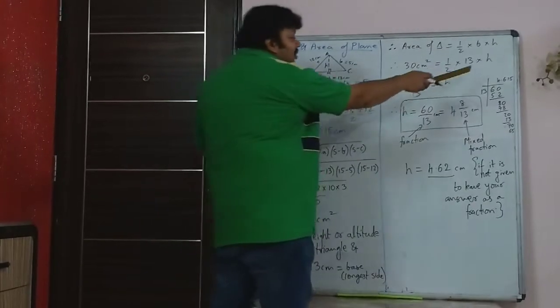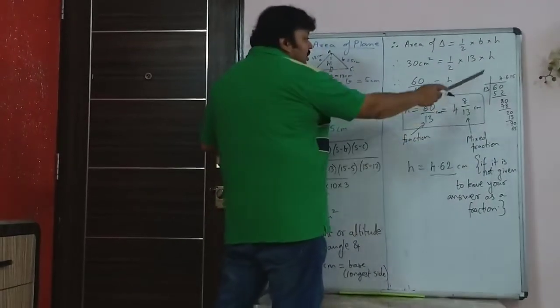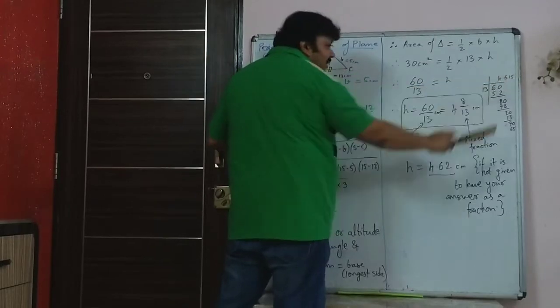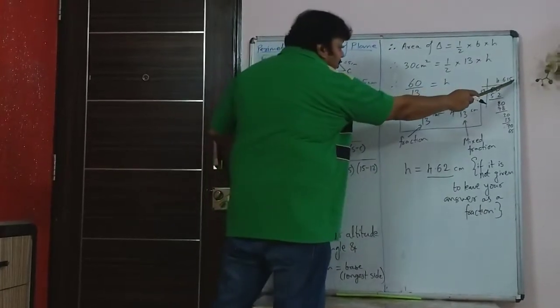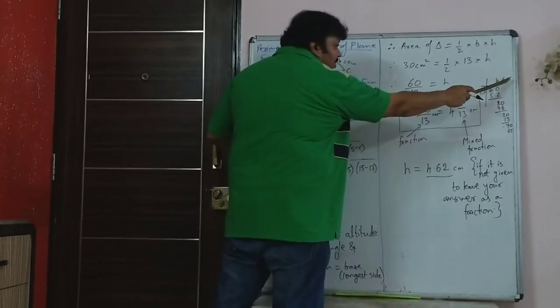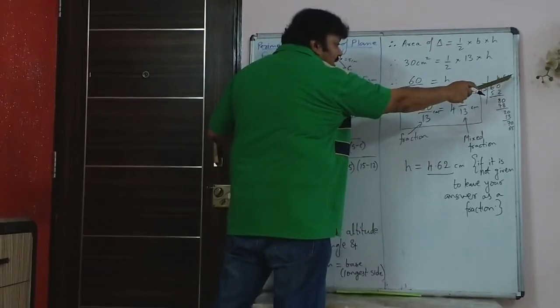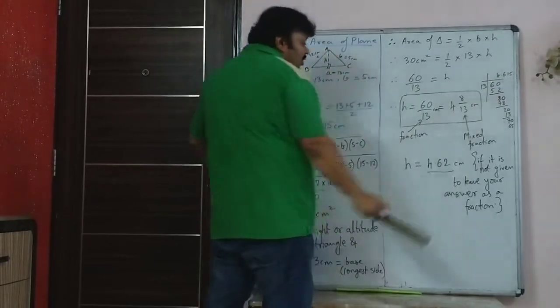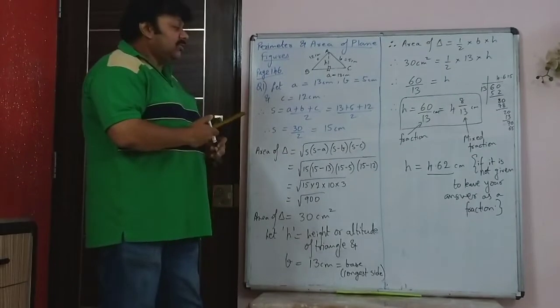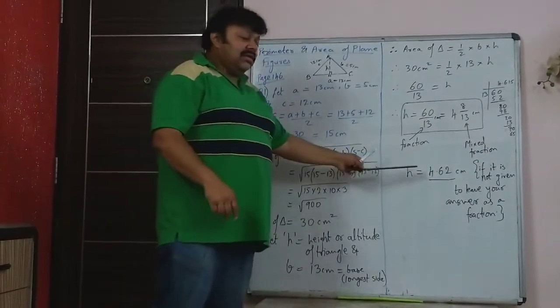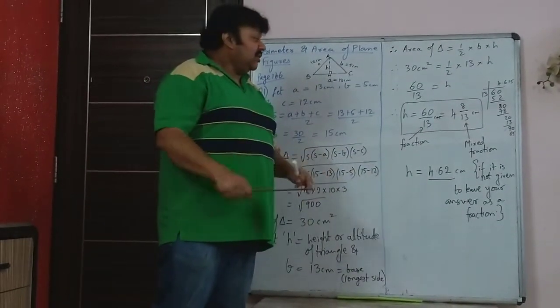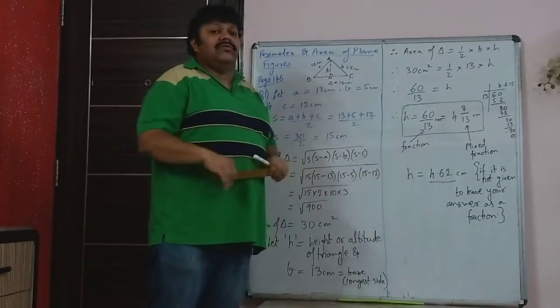So I have even shown the calculation there. It comes as 4.615. The third decimal place is 5, so we will round off the second decimal place. So we will add 1, so it becomes 4.62 centimeter. So this is required in usual cases. If it is not mentioned, then leave your answer in fraction.